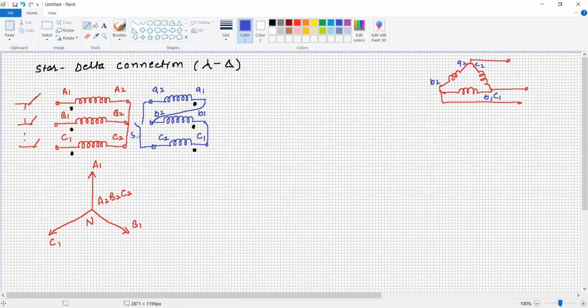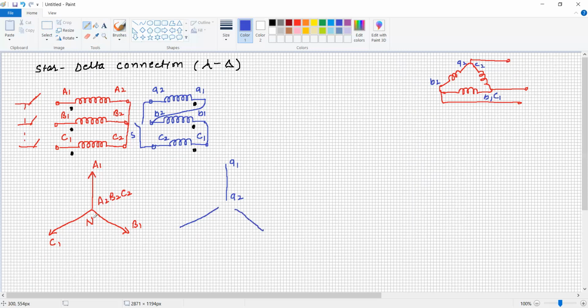Okay, so first of all, we will draw the voltages with respect to the primary winding and secondary winding vectors. This voltage is A1, A2, okay, before connecting. So these open terminals are there.